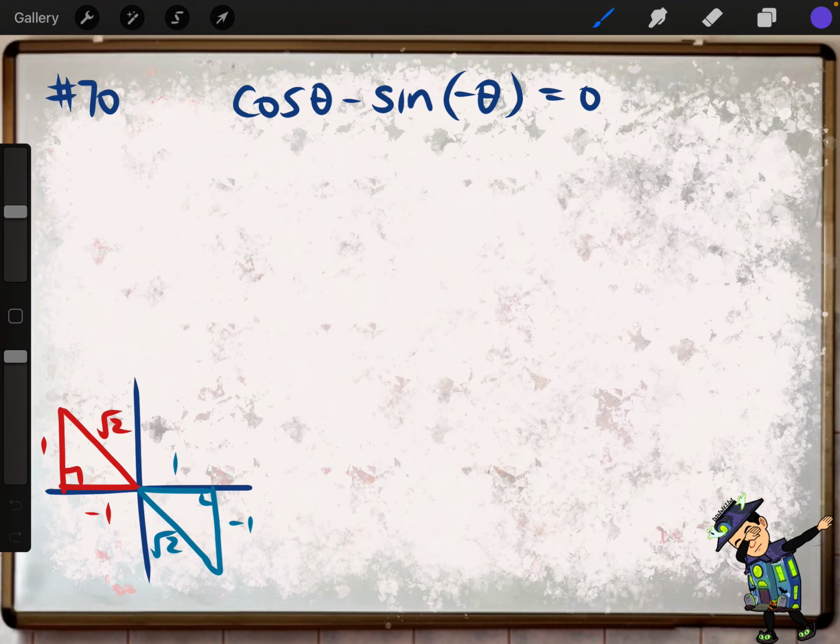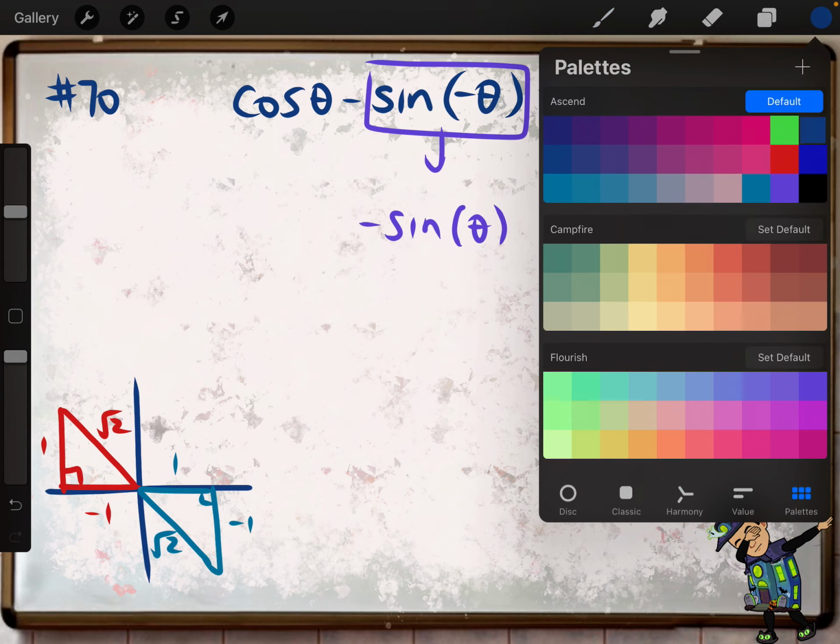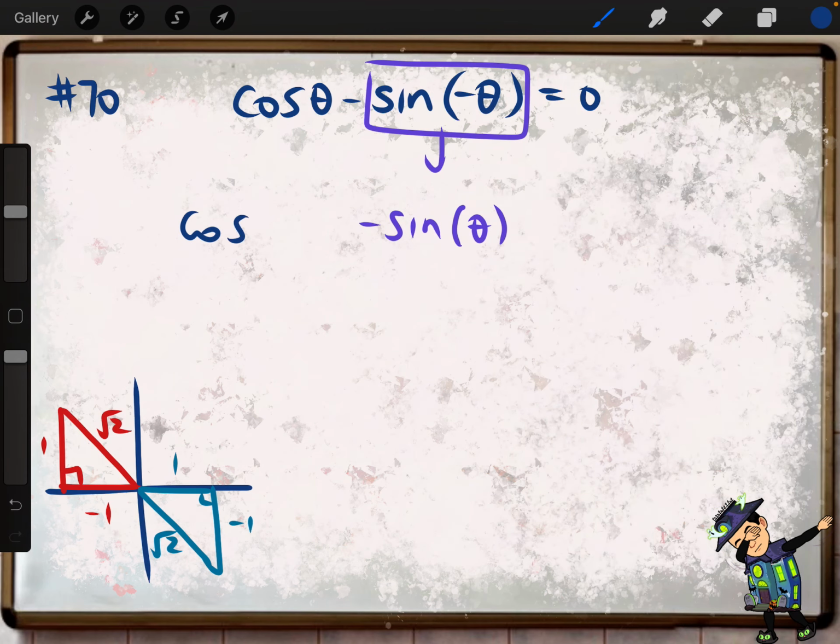Let's look at number 70. So this one is actually going to be an odd function, so you have to rewrite this as negative sine theta. Let's rewrite everything else. So this is cosine theta minus the negative sine theta equals 0.